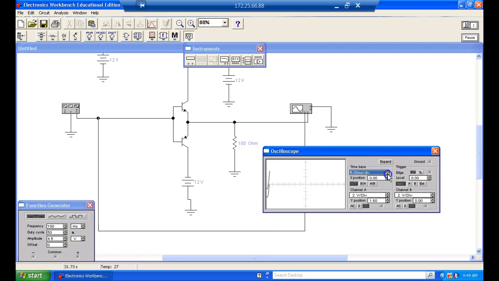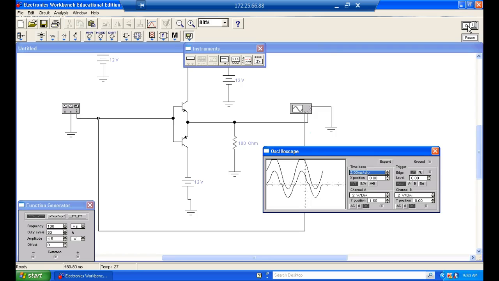This is real easy to hook up. This looks okay. So these are common collectors, right?